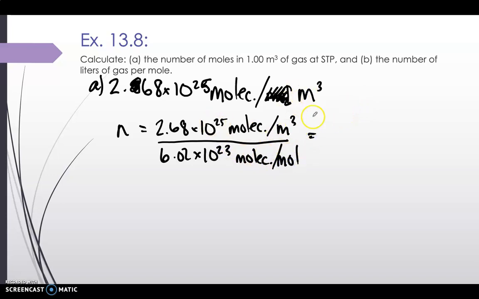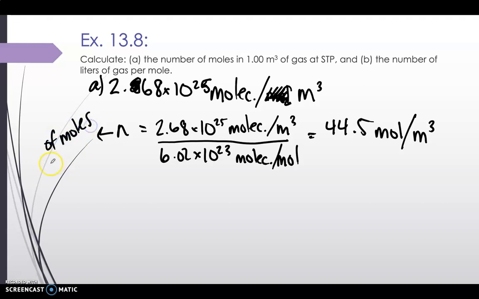Once we divide that, we get a value of 44.5, and this now will be in moles per meter cubed. So again, to find the number of moles in 1 meter cubed of gas, we take the value we just found, or N, plug that in, divide it by Avogadro's number, and we get our value.